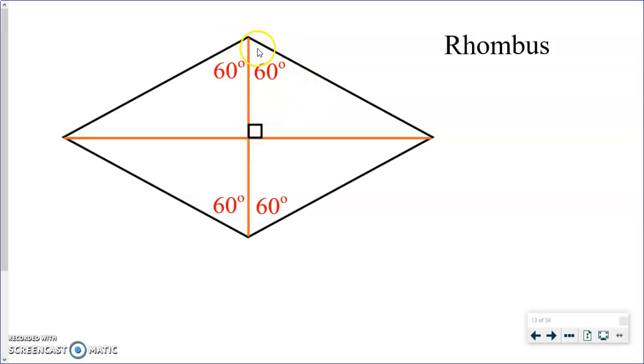Well, there's a few different ways. Probably one of the easier ways is just to look at one of these triangles here. Well, it's a right triangle, so that's 90 degrees. This angle is 60 degrees. All three angles have to add up to 180. So you can add these two together, 90 plus 60.